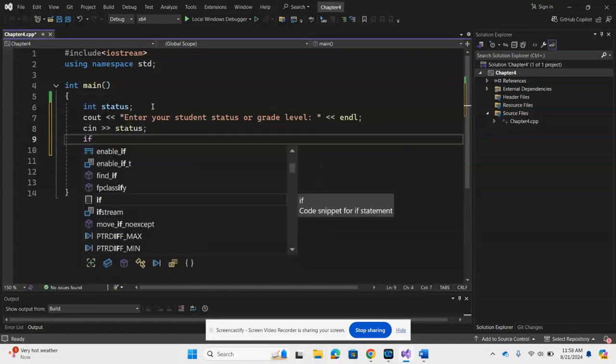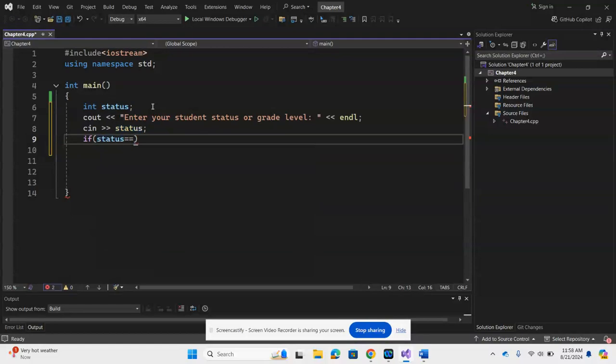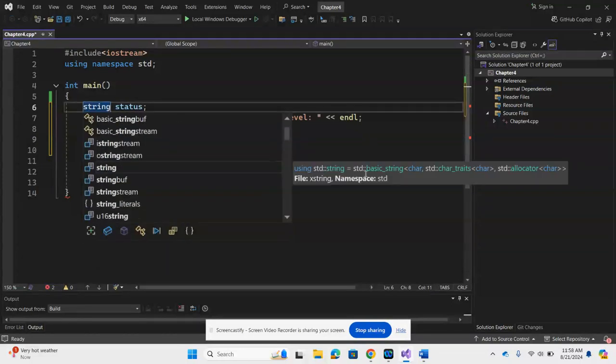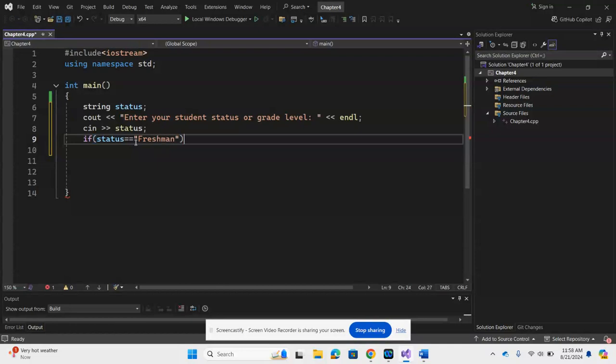And then we're going to put here if status equals to, let's do it as a string. I mean, you can use integer if you want to, and then you can use a number instead, but probably it's easier to just make it string.